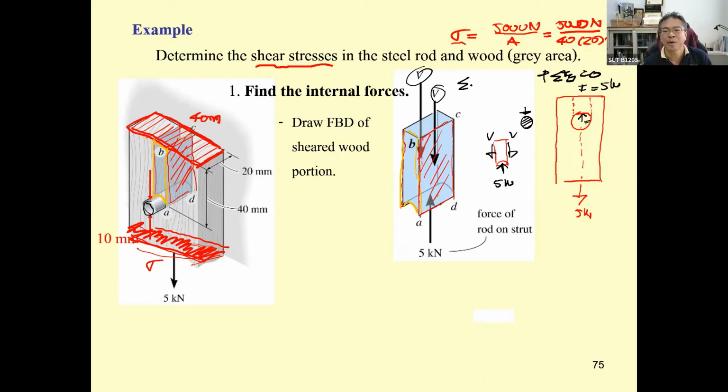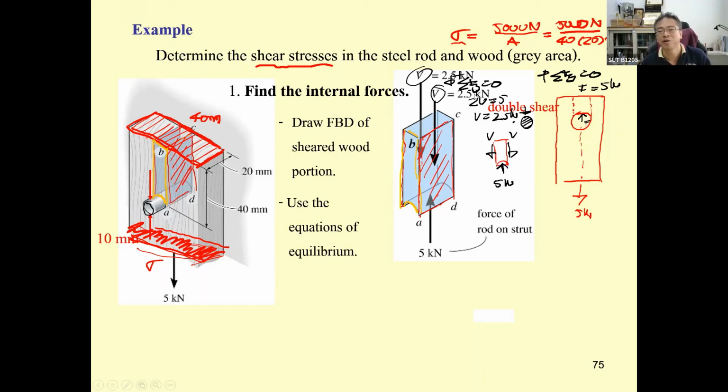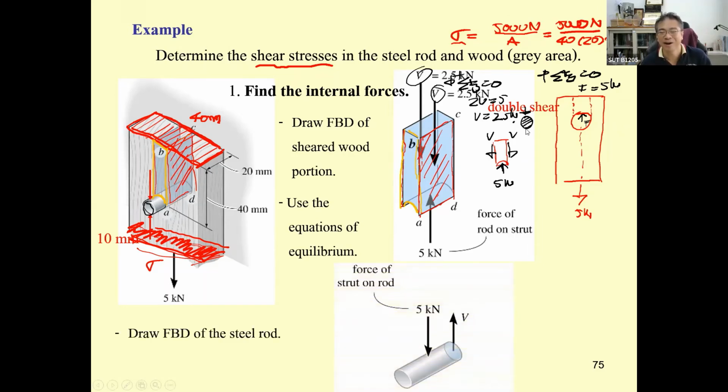If you do the summation of F sub y equal to 0, 2V, that one is positive, is going to be 5, so V is going to be 2.5 kilonewton. Okay, and then this is going to be double shear, and then it's going to be 5 kilonewton for the lot.